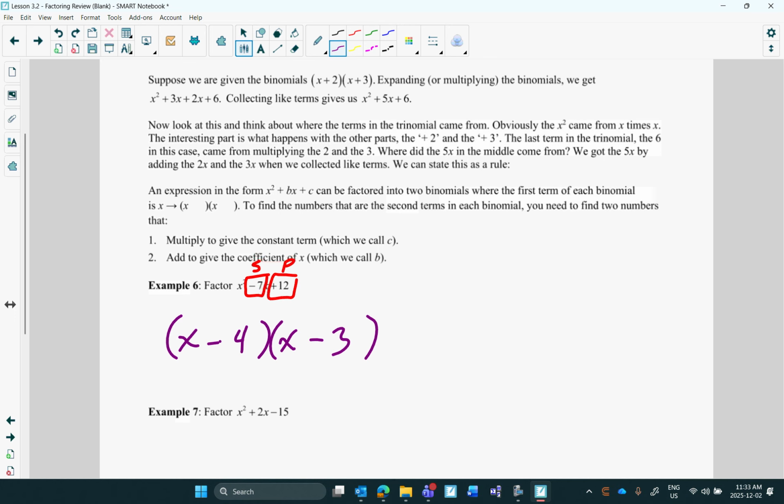Whenever it looks like x squared minus then plus, the signs are always going to be minus minus. Just like if all the signs were plus, all the signs in the binomials would be plus.